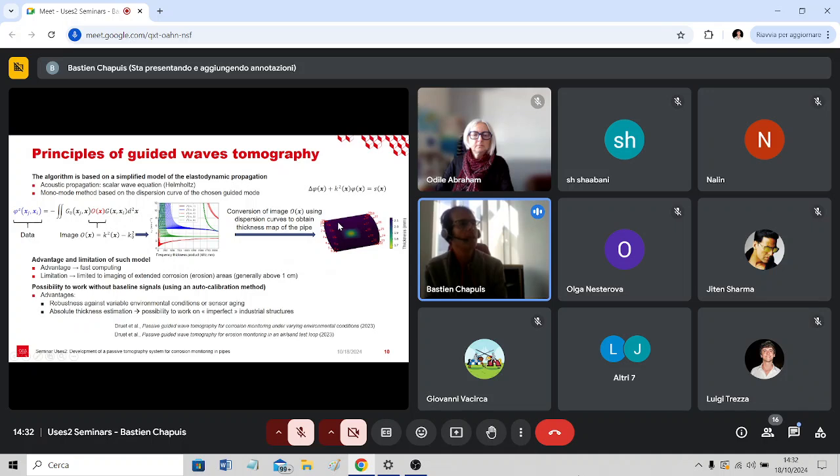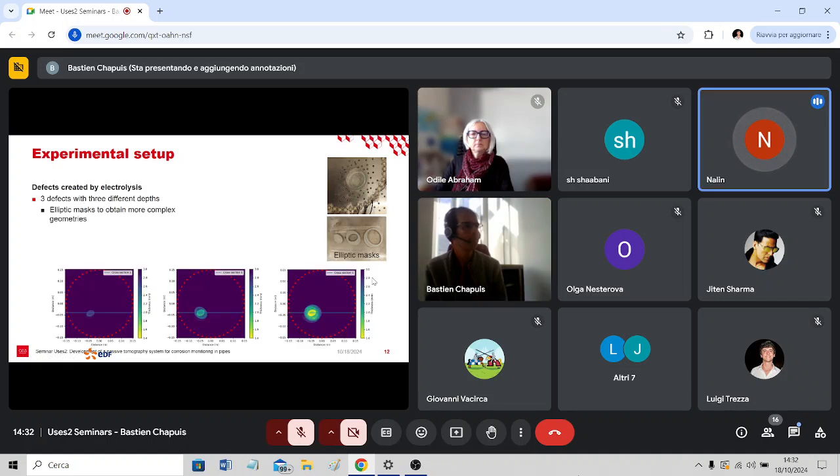But here we have the same temperature between the sensor here and the sensor here. We have not yet explored configurations where there is a very huge gradient of temperature within the structure.